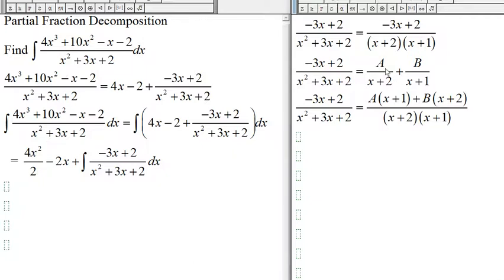So once again, cross multiply: A times x plus 1, B times x plus 2, and then dividing by the product of the two denominators here.